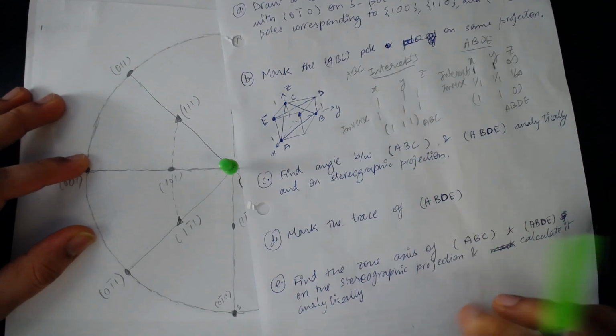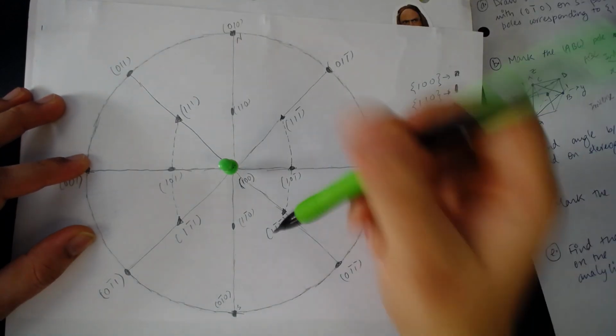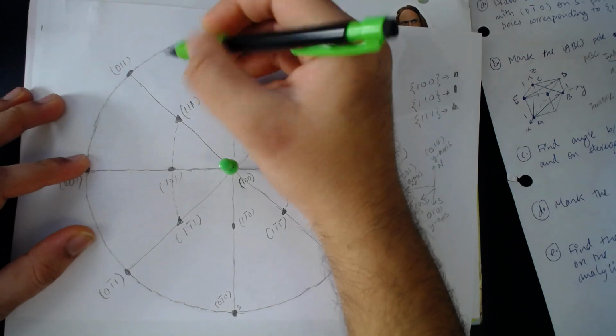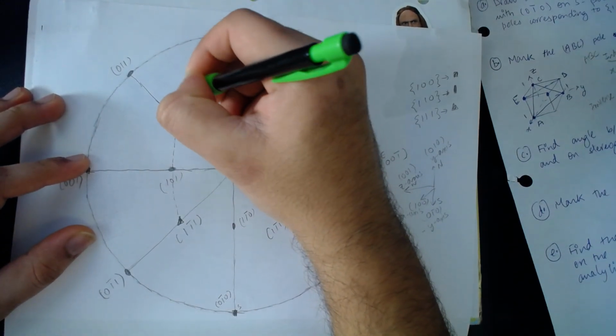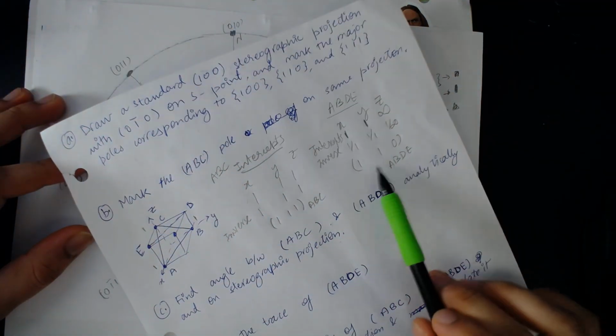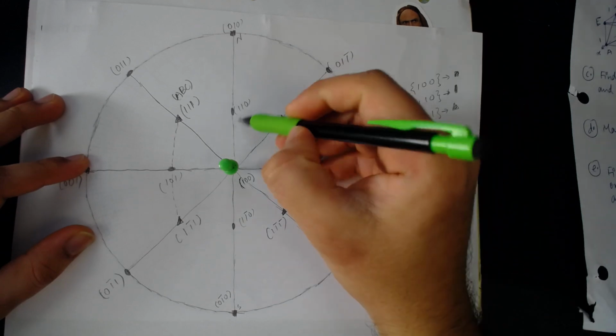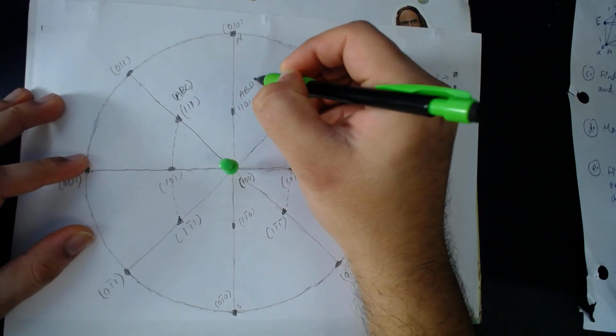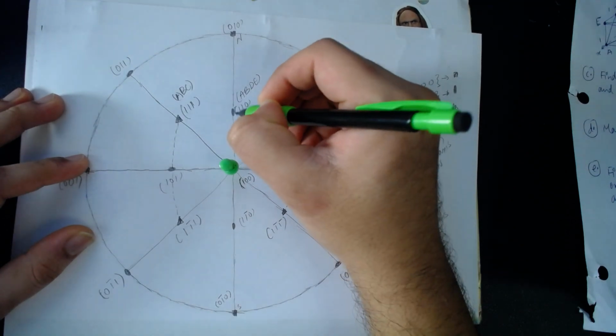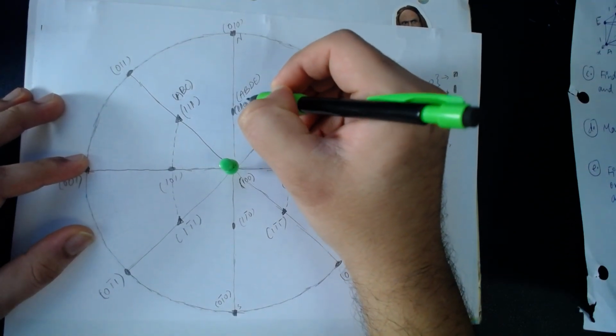So ABC was 111, so let's find 111. Alright, so the 111 is right here, so this becomes the ABC plane. And then let's find ABDE. ABDE is 110, which will be right here. So let's mark this as ABDE. Perfect. So now we have gotten the next part done.